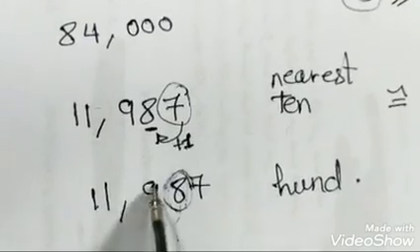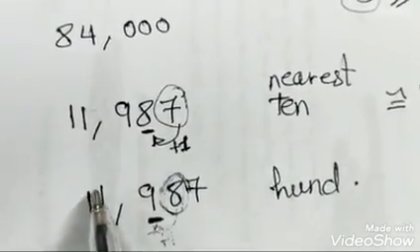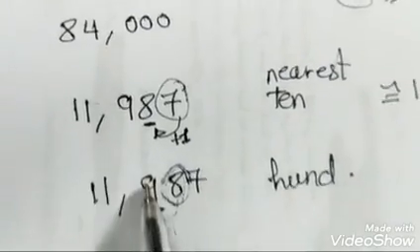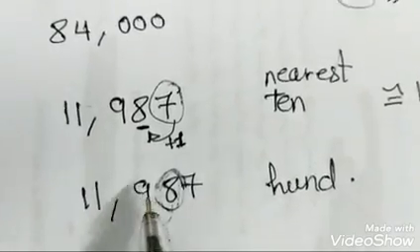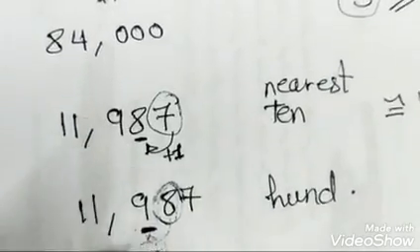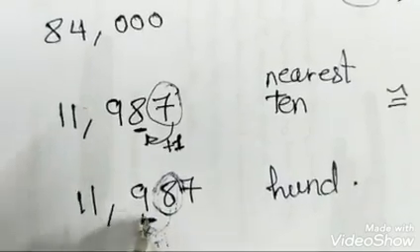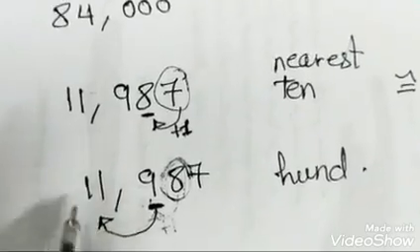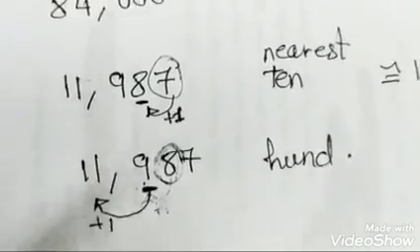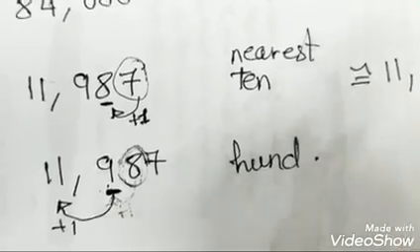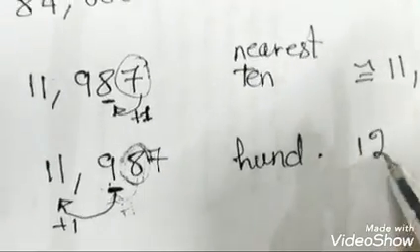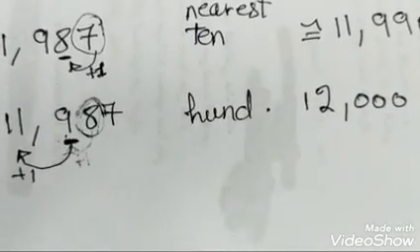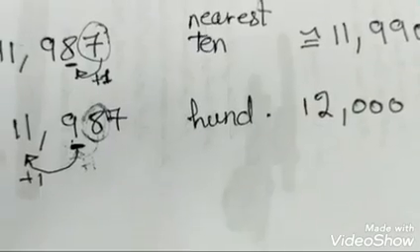It means I have to increase the digit to the left by 1, because 10 times 100 is thousands. So if the number reaches 10, the following digit to the left side will be increased by 1 too. So I have to make it 12,000.